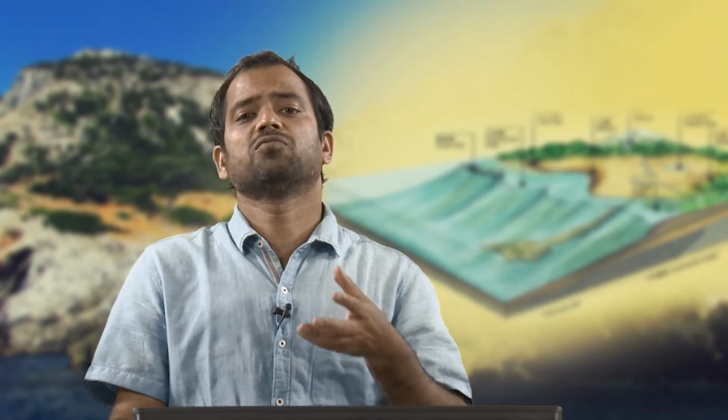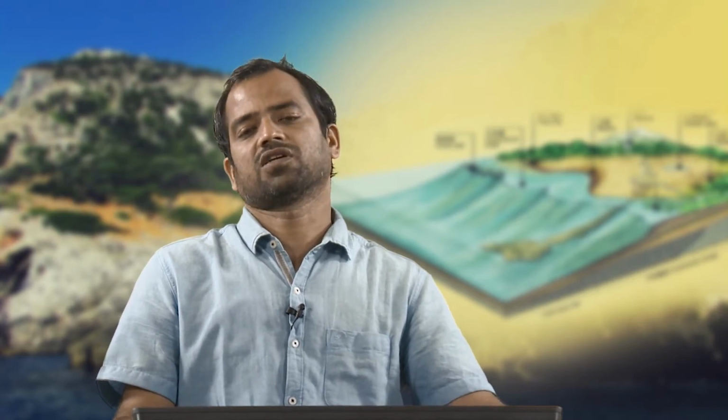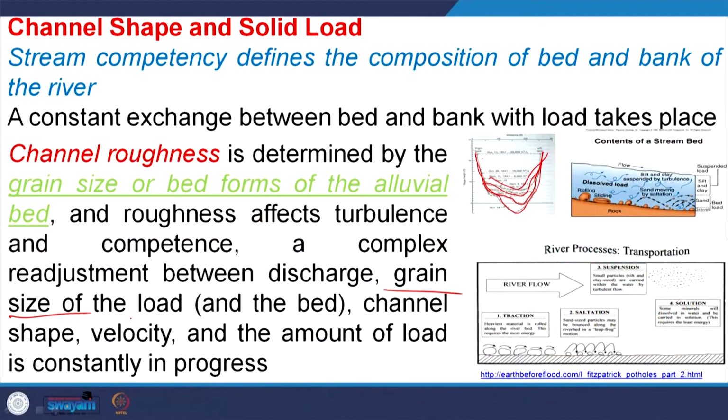So, turbulent mode means the competency increases, and this complex adjustment between discharge, grain size of this load, channel shape, velocity and amount of load is constantly in progress. So, that means all those factors, grain size of this load, channel shape, velocity, amount of load, will be changed with channel roughness, and that means these are the dependent variables.